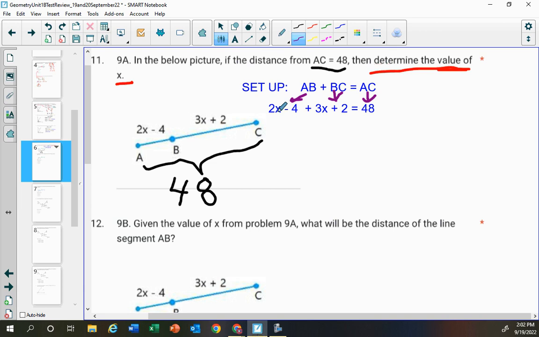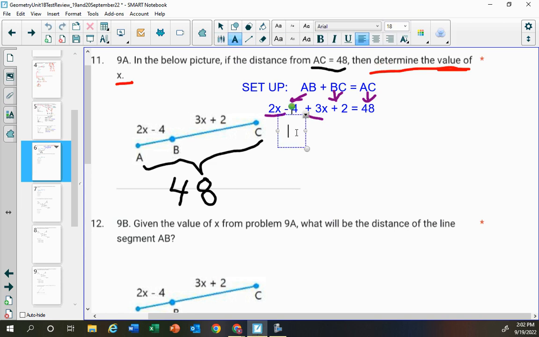Now, combine those guys. 2x, 3x. How many x's? And then what about the negative 4 and the positive 2? Negative 2. Yes, you do get negative 2. Very good. And then AC is still what number?